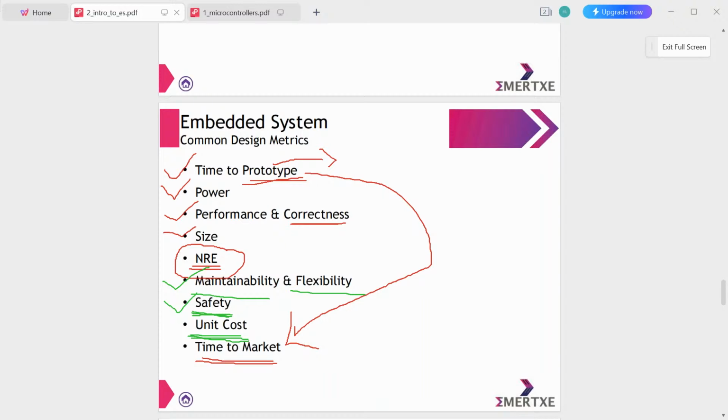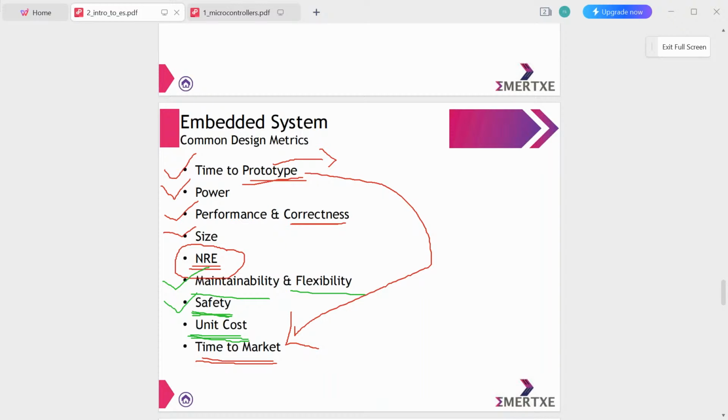Okay, see, let me repeat the NRE. NRE is nothing but non-recurring engineering cost. What happened, people?